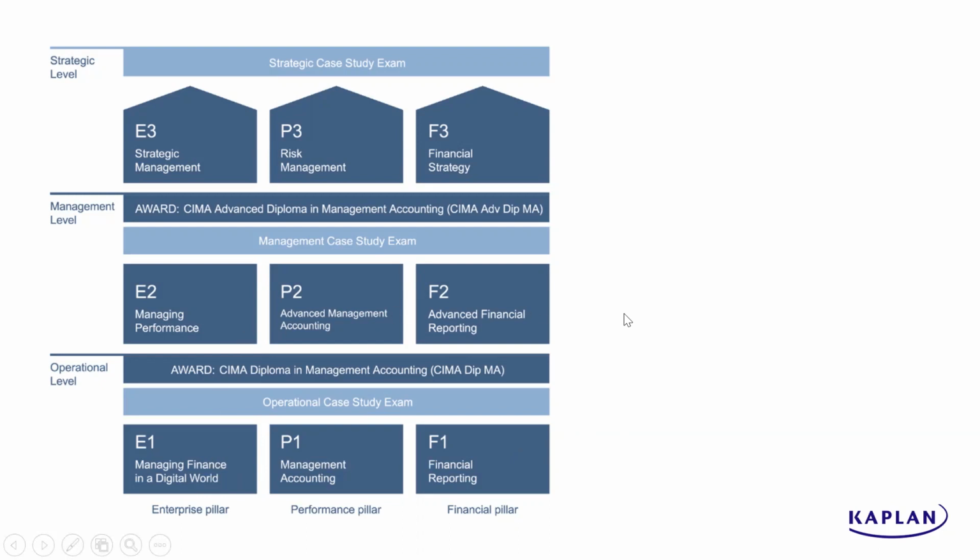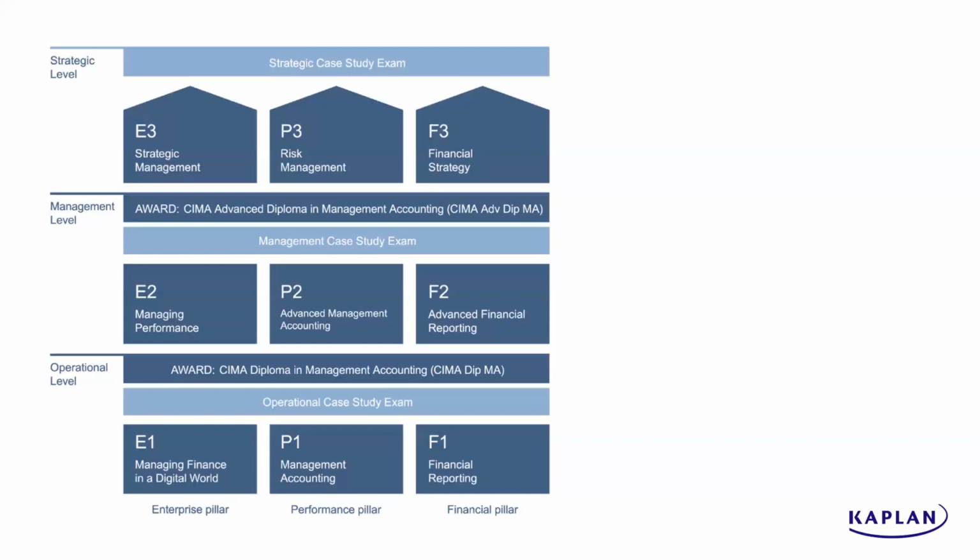Those pillars cut across three levels: operational, management, and strategic. Sticking with the management level, E2, P2, and F2. So you can see that the F2, the Advanced Financial Reporting paper, sits within this management level. Now, once you have passed the E2, P2, and F2 papers, you will then sit a 3-hour management case study exam.